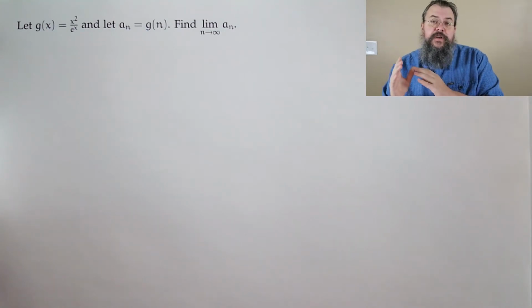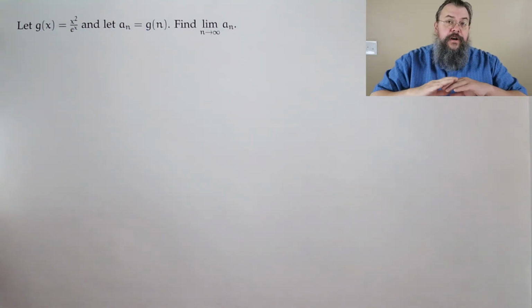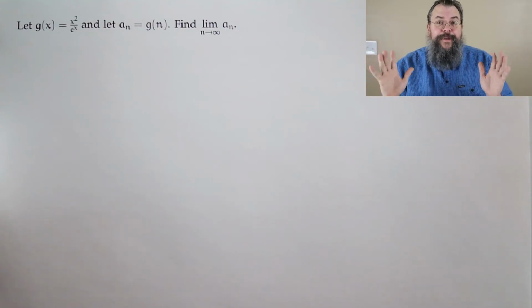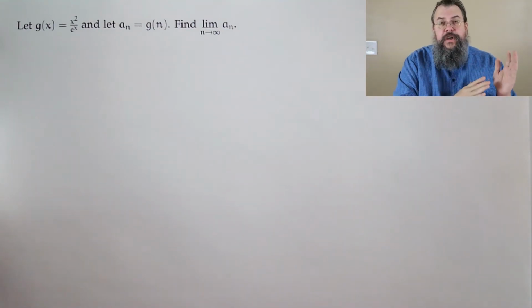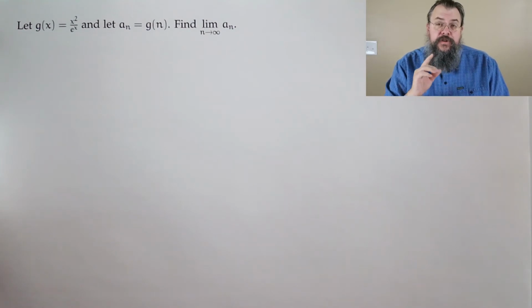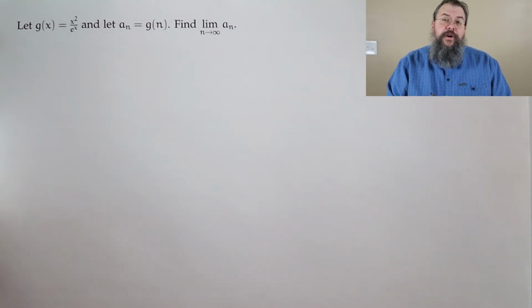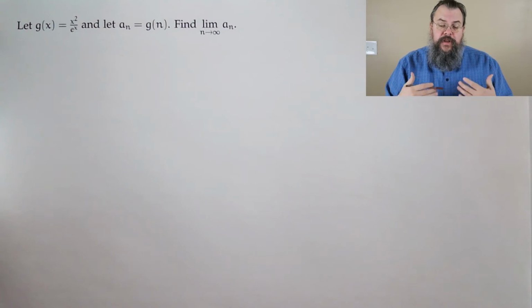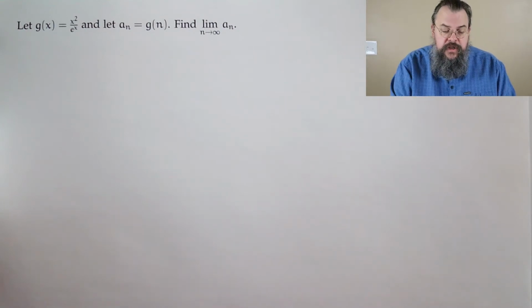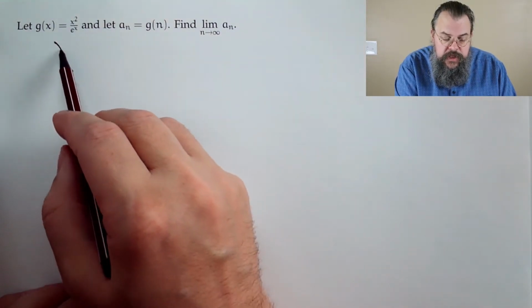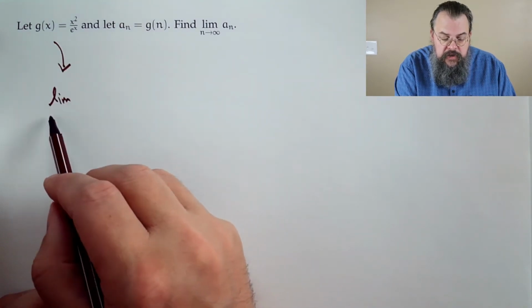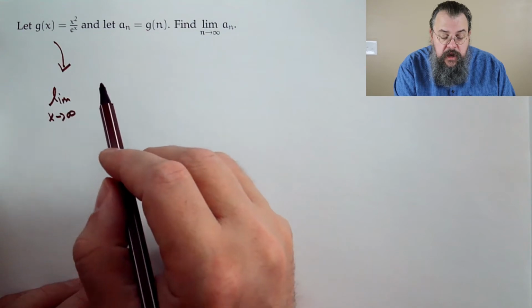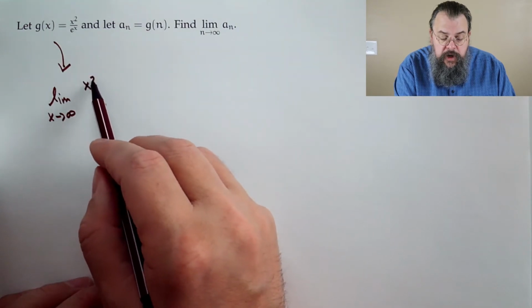If the continuous function doesn't converge, all bets are off in some sense, because it just depends on where you looked. So don't discount it: let's look at the continuous part and ask the question. Let's see what happens when we take the limit as x goes to infinity of x squared over e to the x.